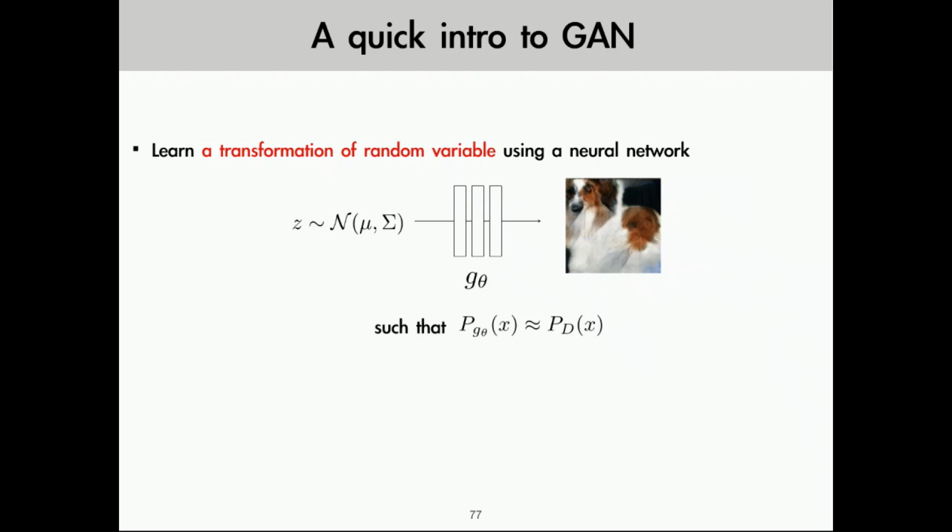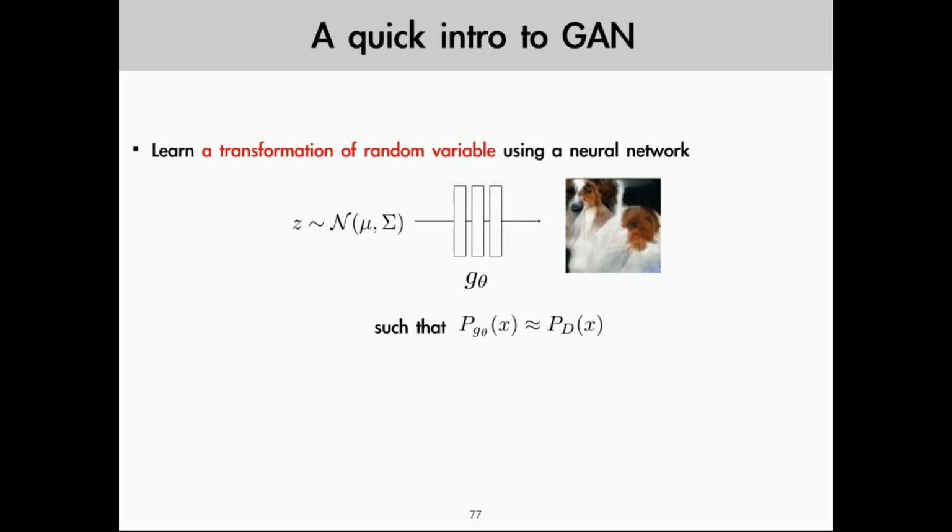A typical example of this is to generate images. You might, for example, sample a z from a normal distribution, and then you feed it a lot of images of dogs. Then G will learn to generate images of dogs such that it matches the distribution of the training data, which we denote with p_D.